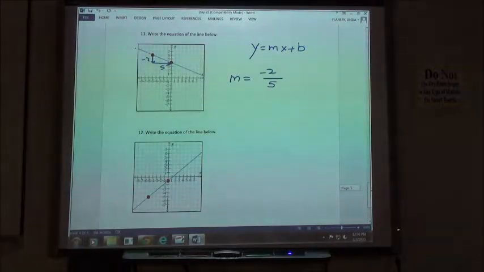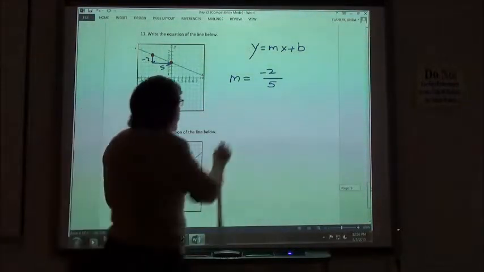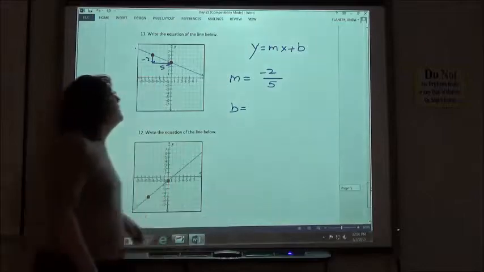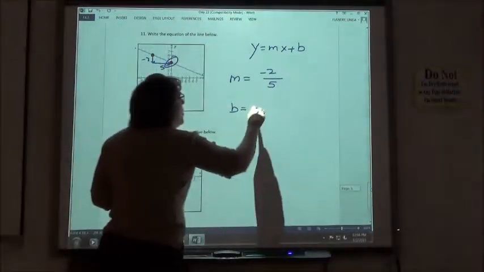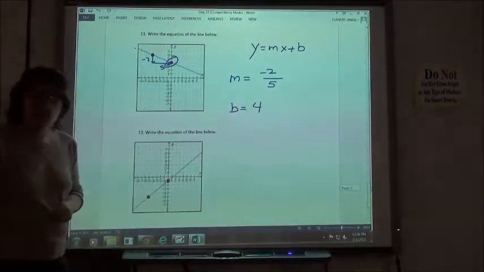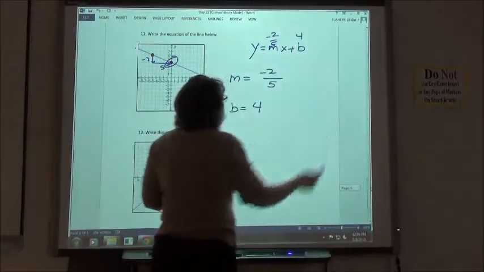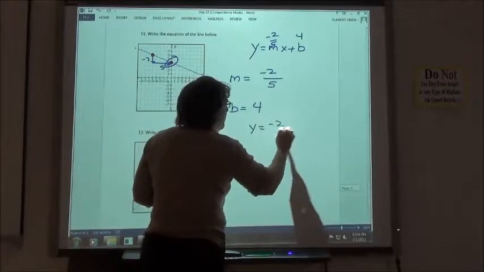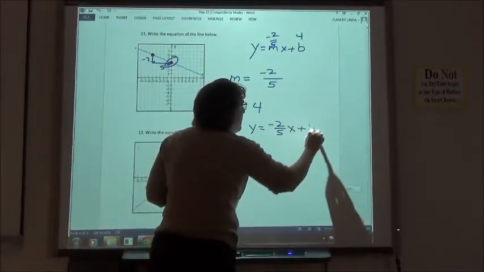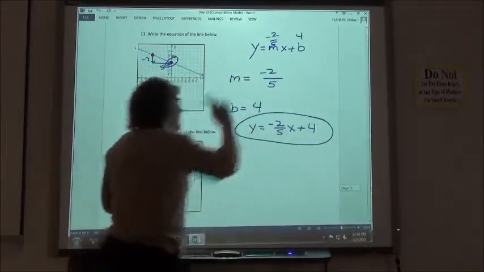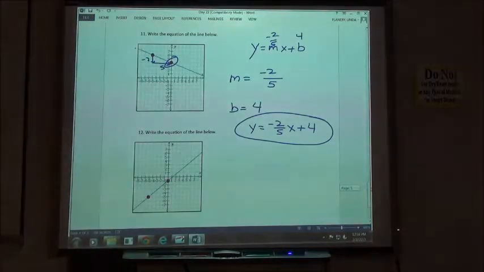Down 2 and over 5. My y-intercept, where does it touch the y-axis? At positive 4. And so plugging those into my equation, this is negative 2/5 and this is 4. I'm going to have y equals negative 2/5 x plus 4. And then I have the equation of my line.